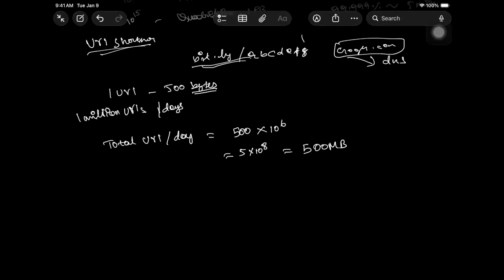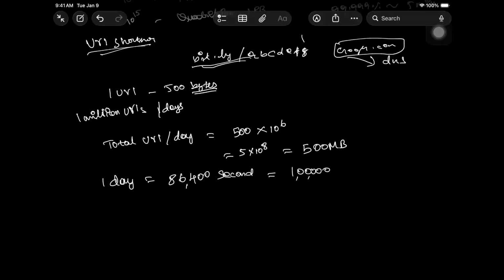Then how many URLs will we handle per second? For that, one day equals 86,400 seconds. We should not take precisely 86,400. We need to make it approximately 1 lakh, because if we round off, it will be easy to estimate.